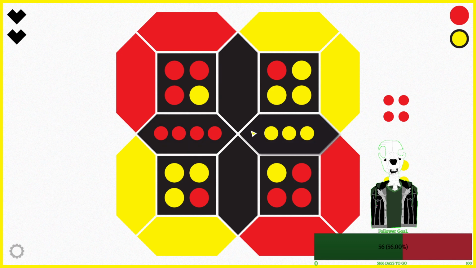So if these two are red, and these two are yellow, and both of these two have to be red, both of these two have to be yellow, which then leads us to this having it touch 1, 2, 3, and not 4.